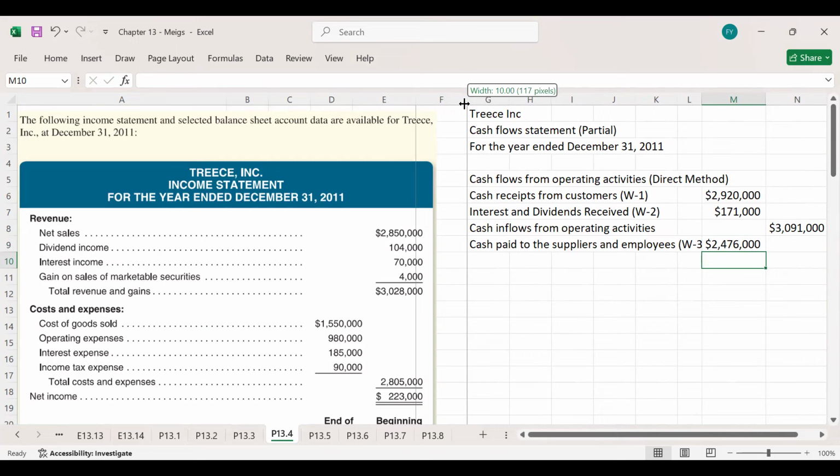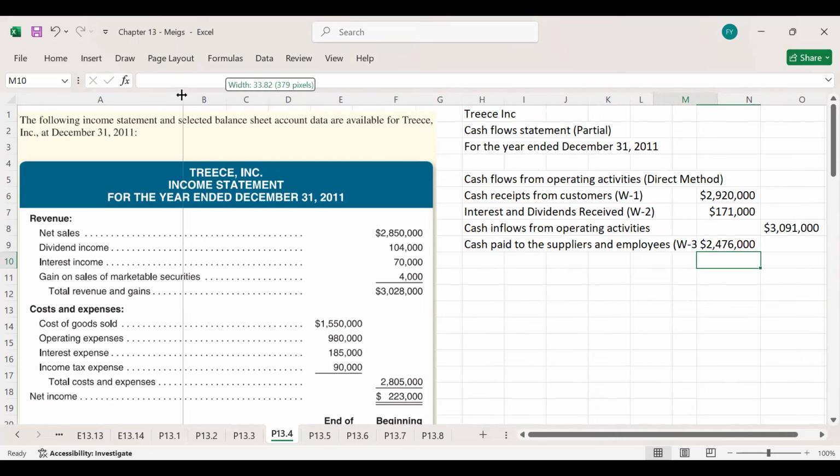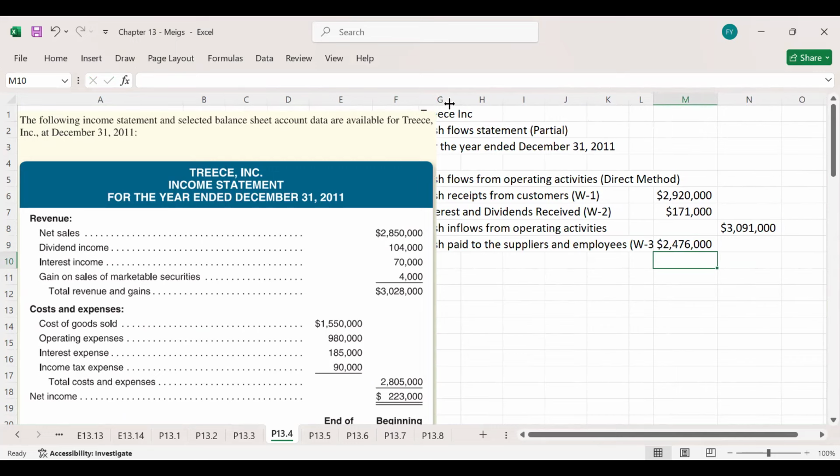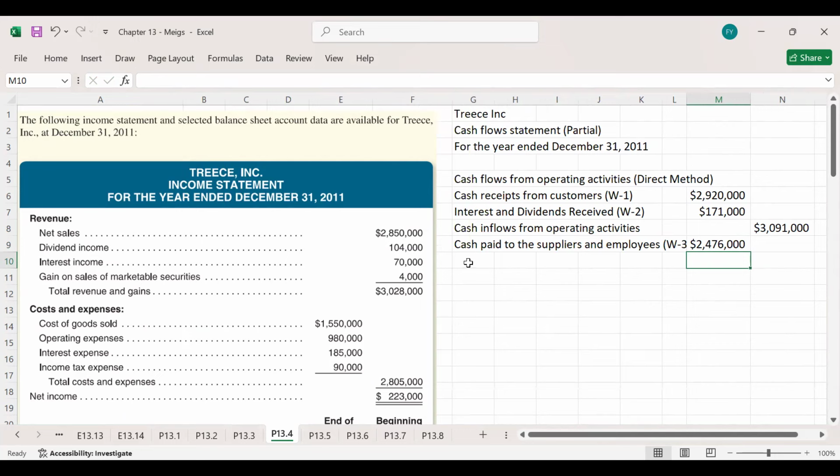Then again we have interest paid and income tax paid. So income tax paid was working 5, and interest paid was working 4.